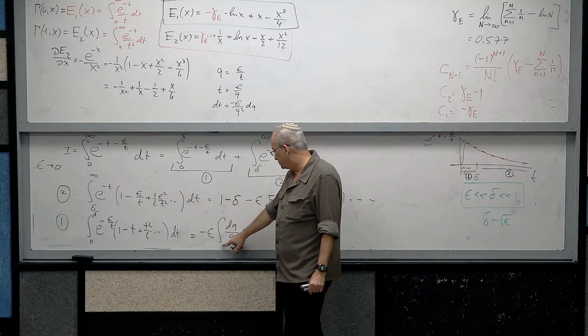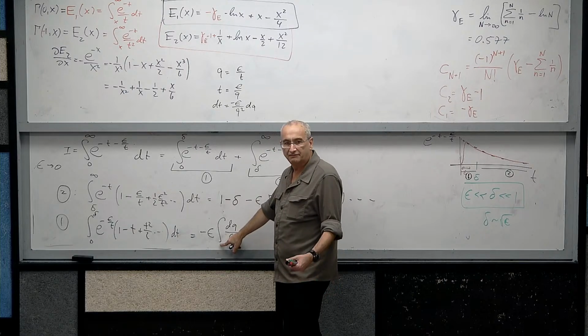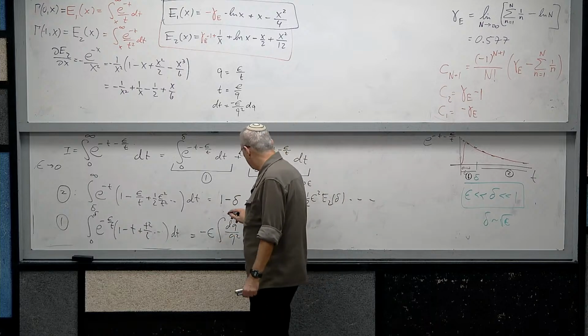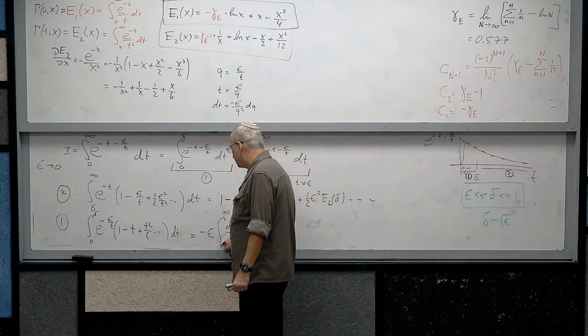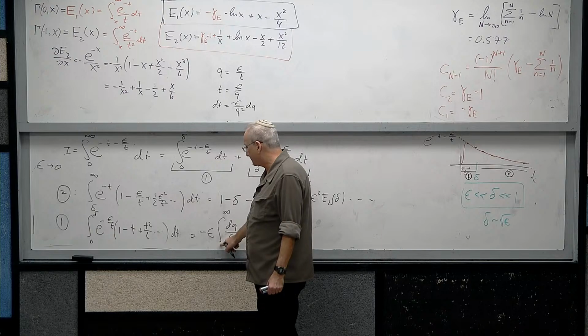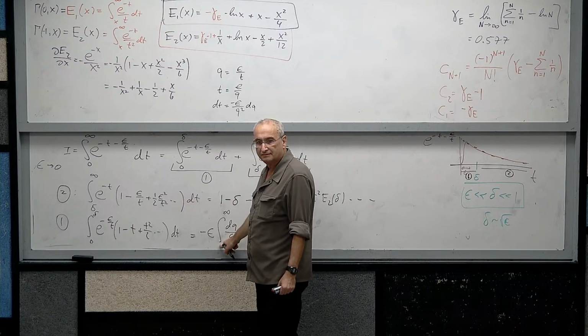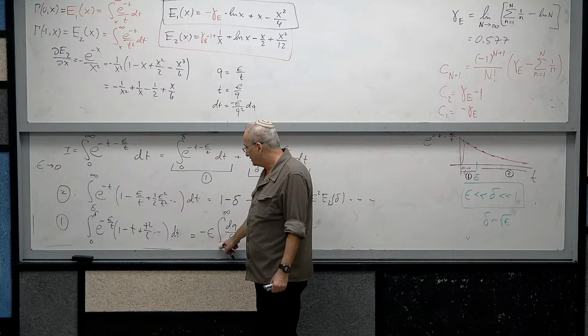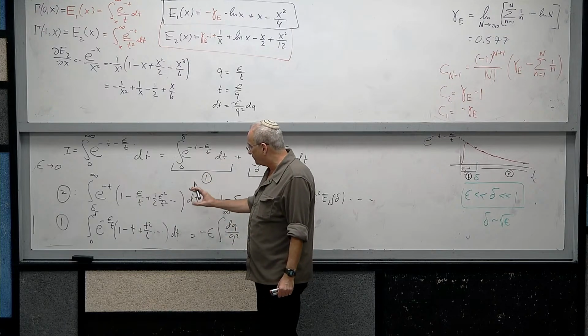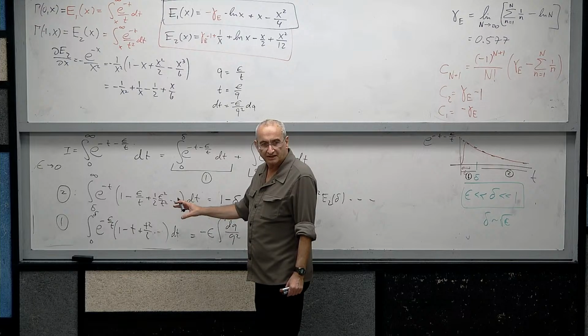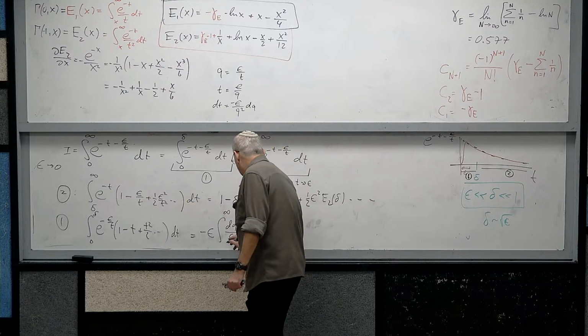The 0 becomes infinity. And what is the lower bound? One over epsilon over delta. I'm keeping delta as a free parameter, so the lower bound will be epsilon over delta.